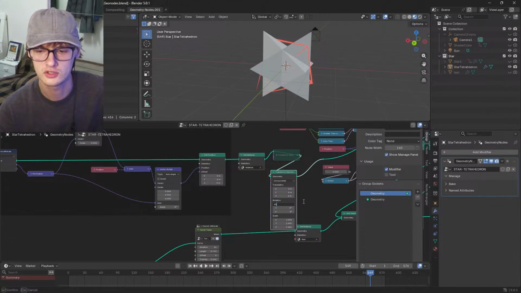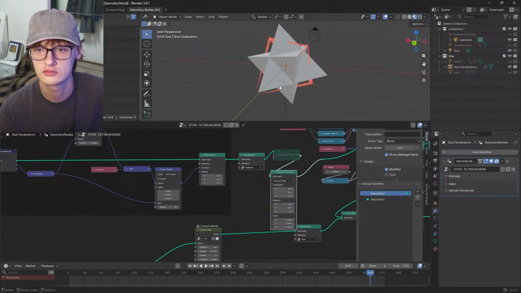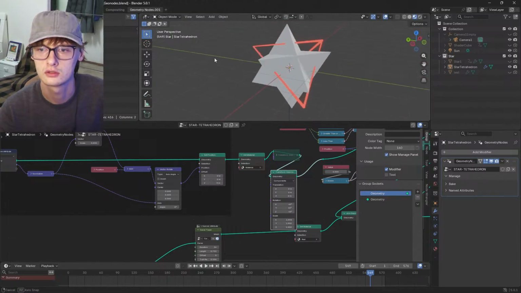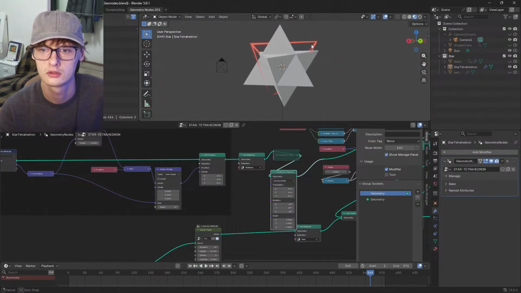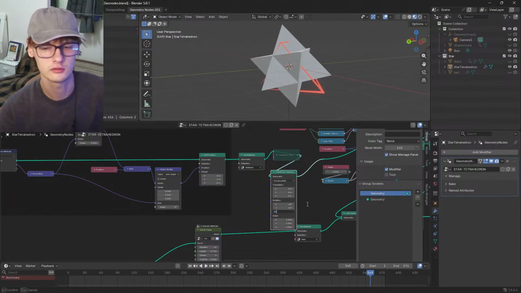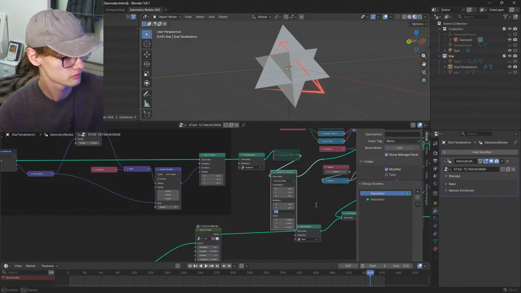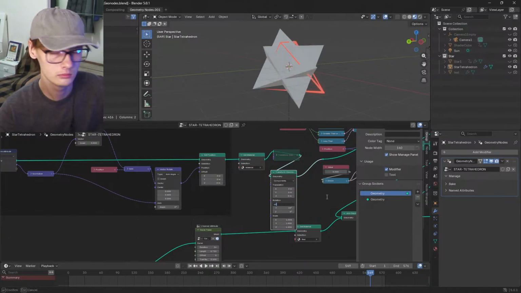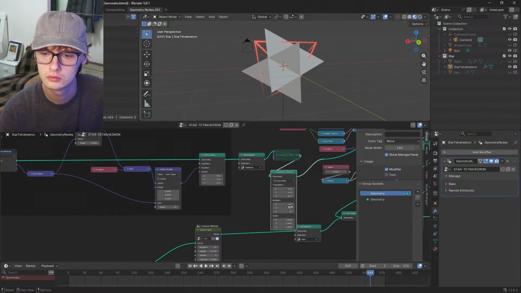Maybe if I do 45 and 45, see, even that doesn't work. Maybe 45 again. No. It's just a mind-bending shape. Still have no idea what's going on. Maybe 30?